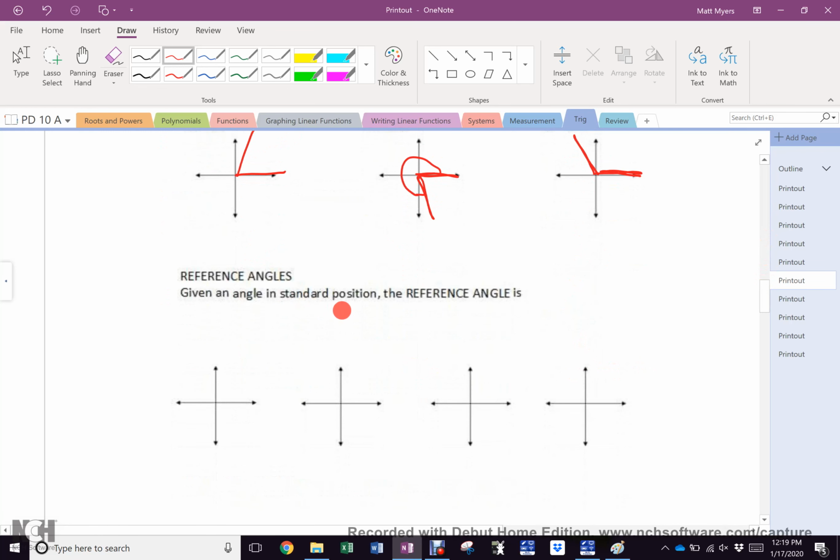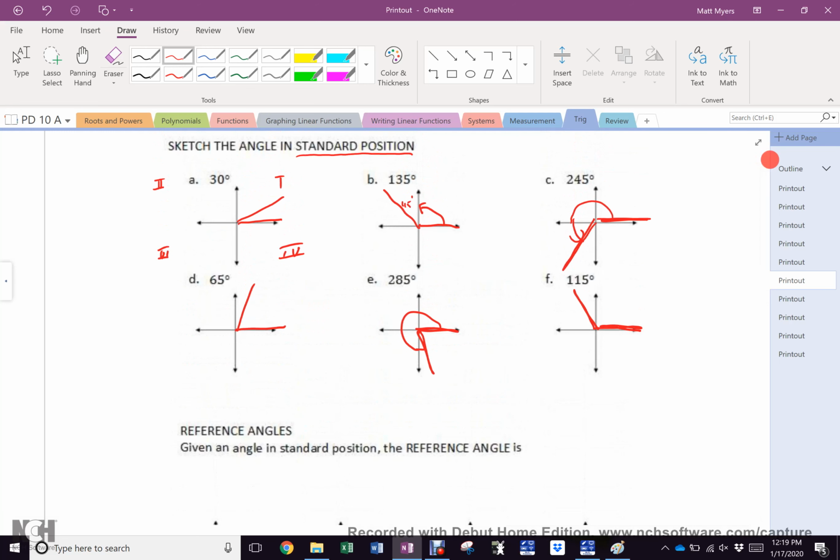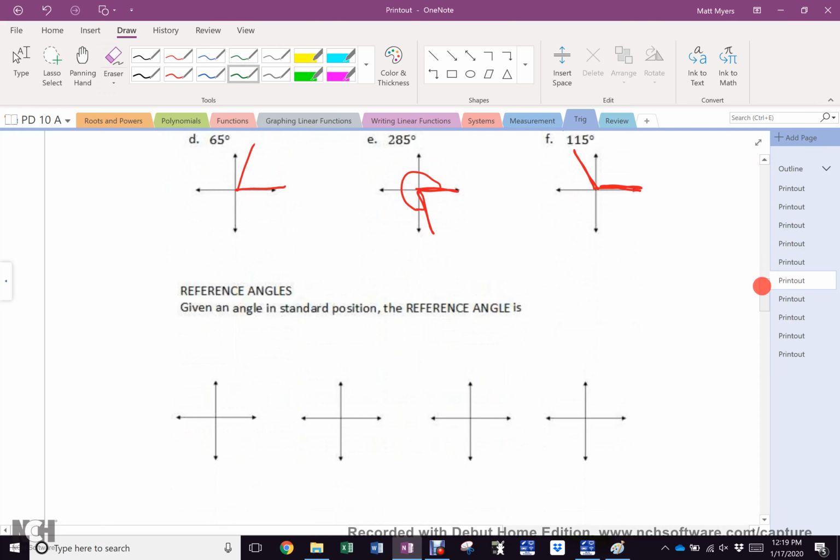If you have an angle in standard position, for example, angle B is in standard position, which means we started counting here and went to there, yes? That gives me another angle, doesn't it? It gives me this angle here, right? All right. That is the reference angle.